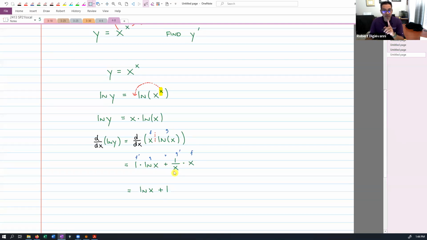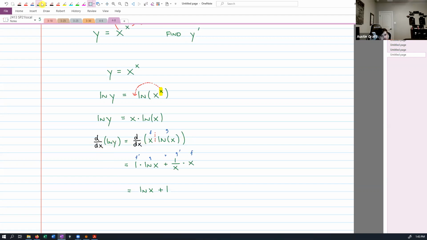Now, this is not the derivative, okay? Be real careful here. This is the derivative of the right-hand side, but what about the left-hand side? I waited on that. You have to do this implicitly with respect to x. So what would the derivative of natural log of y be? What's the derivative of natural log of anything? 1 over that anything, whatever it is.